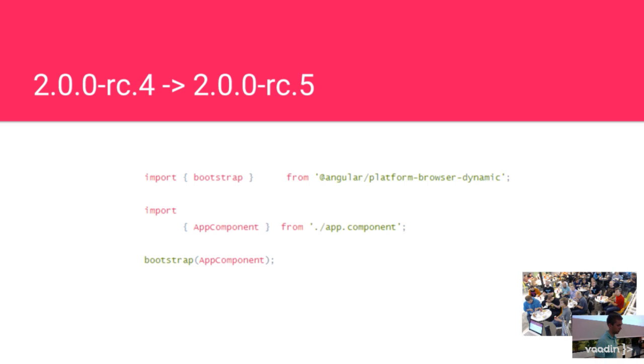they have in Angular. So here's a picture of how to start your application in Angular. This is from the RC4 and the previous ones. So the first thing that you do is import the Bootstrap component from the Angular library, and then import the actual component that you want to start your application with.